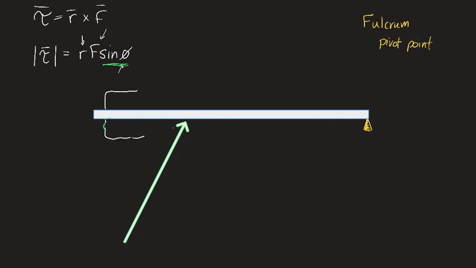The torque arm is measured from the fulcrum to the point of application of the force. The torque arm has direction, so its origin is the pivot point, and the arrow side points at the point of application of the force. So this yellow arrow would be the torque arm.